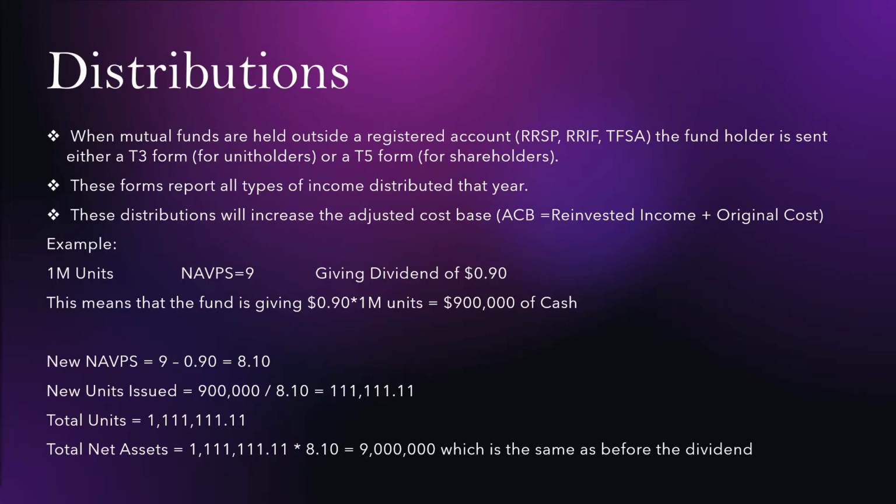So that's how the distributions work. You are paying the tax on those dividends for the new units issued, but it will increase your adjusted cost base.